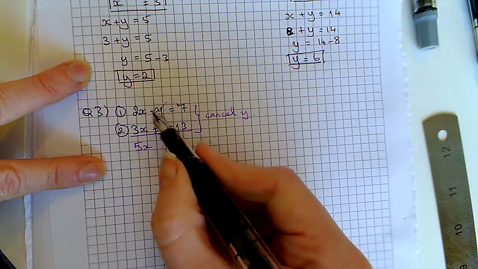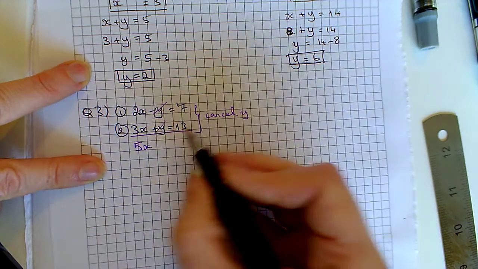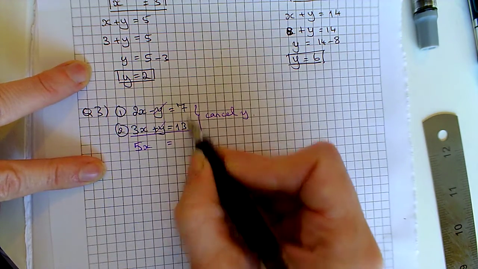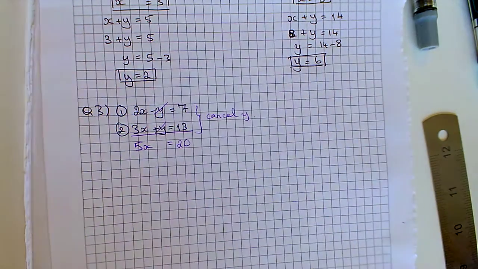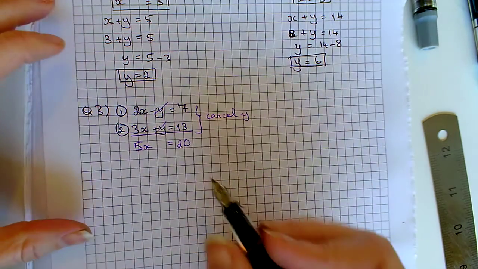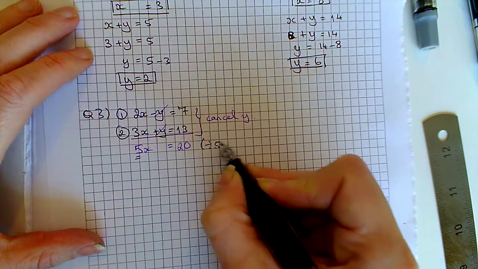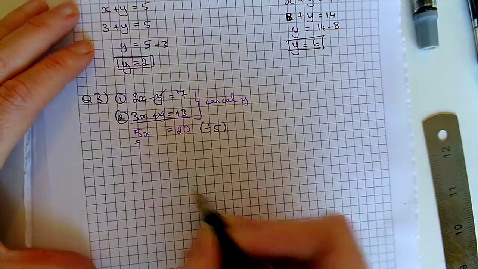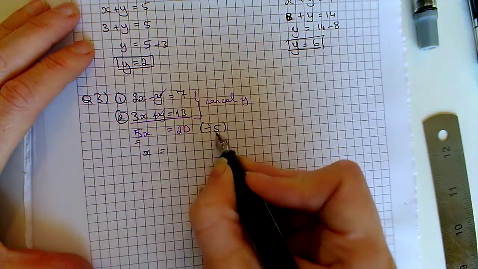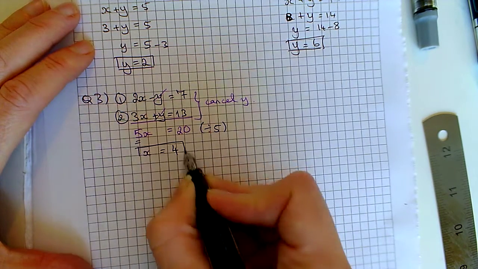It doesn't matter if the minus is in the first one or the second one, they just need to be opposite. 7 plus 13 is 20, and then I solve my new equation. I can divide across by 5. So you divide across by the number in front of the variable. So x is equal to 20 divided by 5, which is 4.